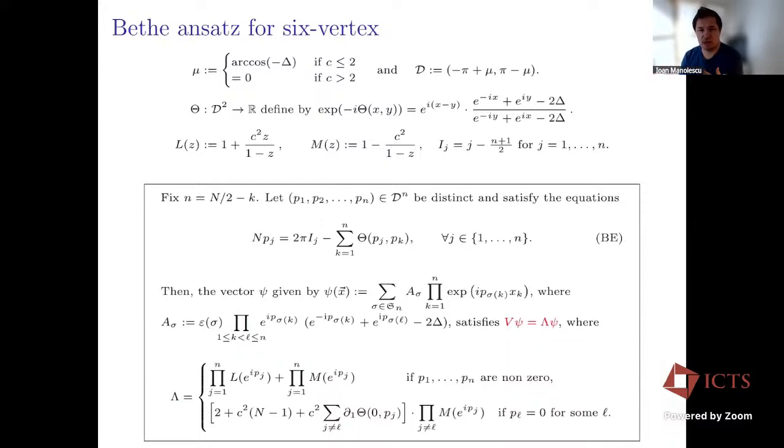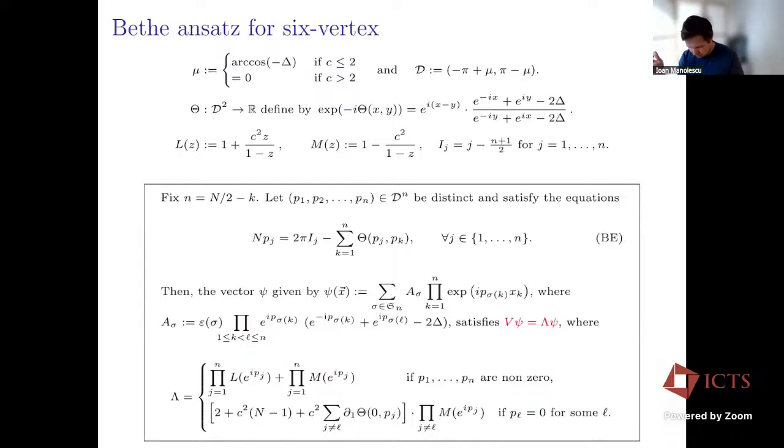Because if you're like me and you never heard about it before, you're going to be a bit surprised at the form. So basically what the Bethe ansatz tells you is there's a good way of looking at vectors and eigenvalues that are going to have high chances of being the ones that you're looking for.